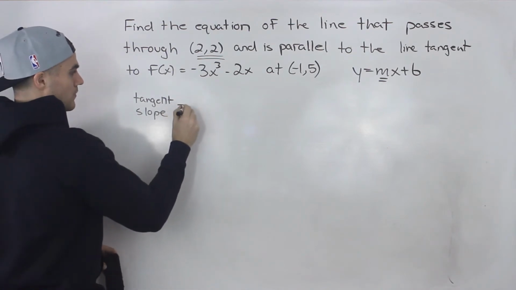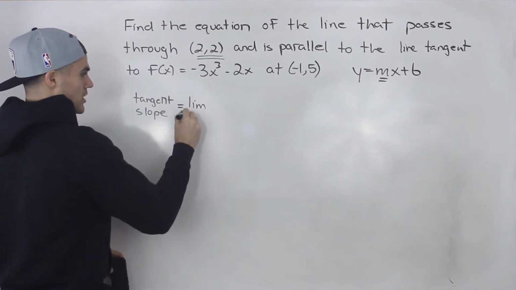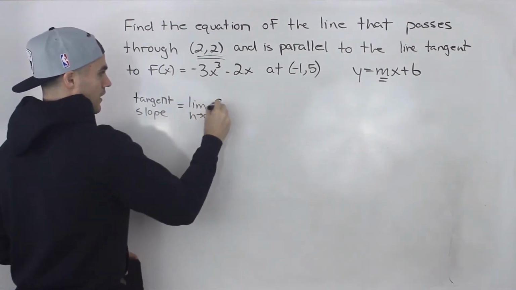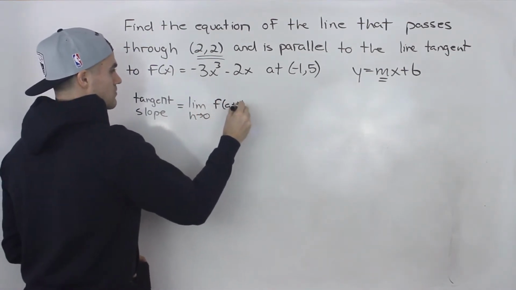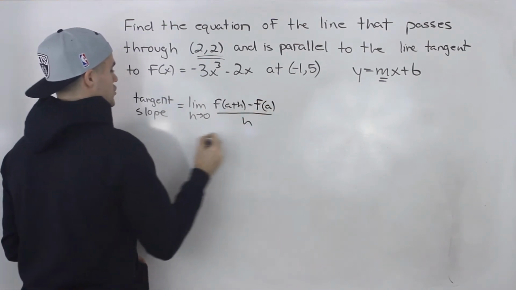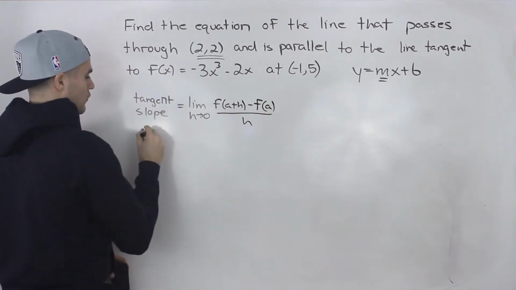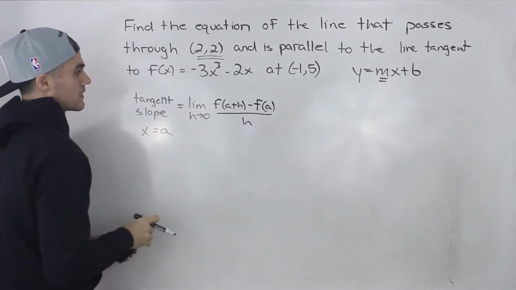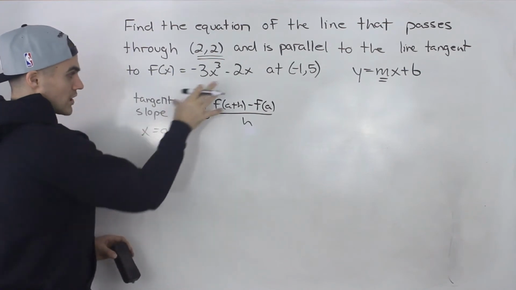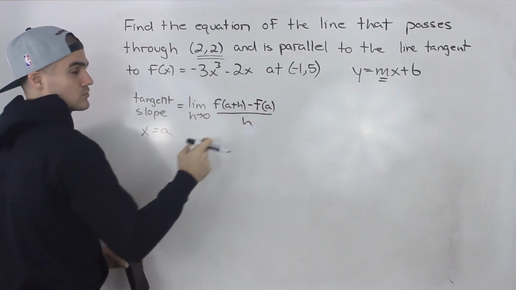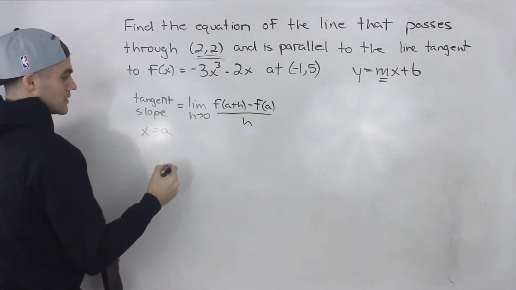And we know that the tangent slope in general is what? The limit as h goes to 0 of f of a plus h minus f of a, all over h. This is the general formula for an x value of a that we've been using throughout the unit. So let's find a general expression first for the slope of the tangent, then plug in that x value of negative 1.